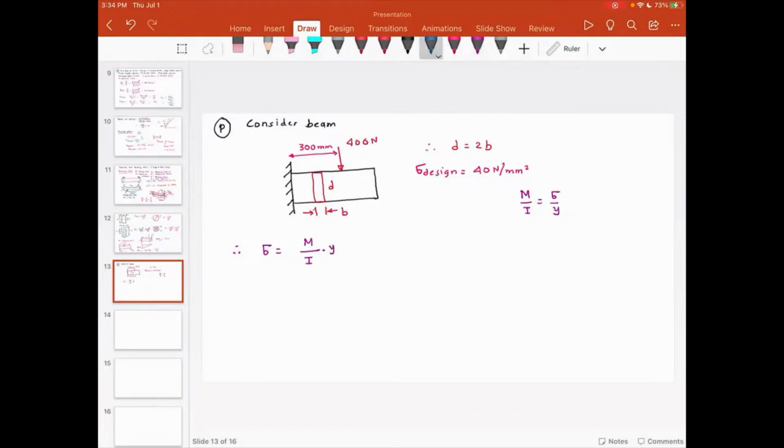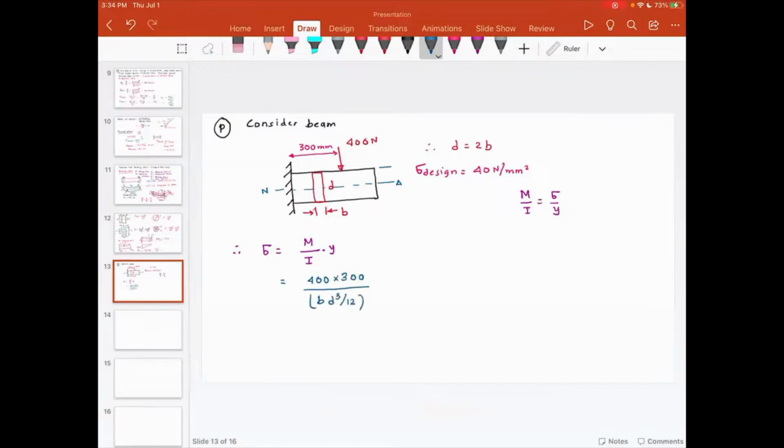Since this is a symmetric beam, the neutral axis is going to be here. The bending moment is going to be 400 multiplied by 300. Now the value of I is BD cubed by 12.